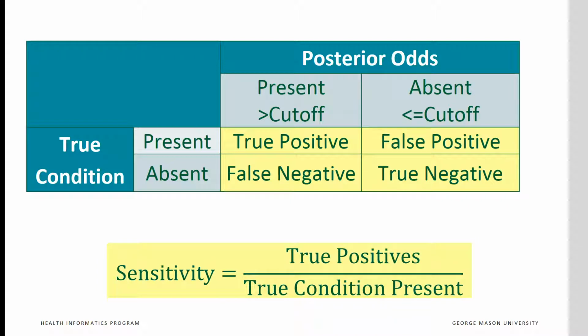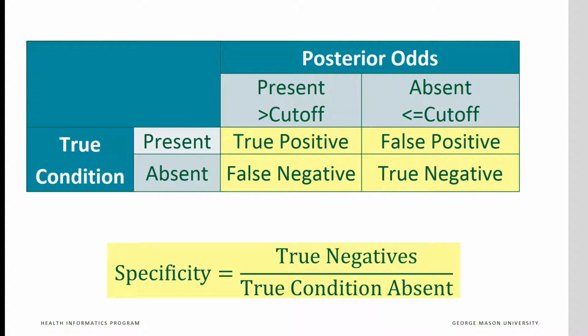A sensitive index has a high probability of detecting the condition. It is calculated as the proportion of true positive conditions that are correctly detected by the predictive model. The higher the sensitivity, the more accurate we are in predicting the presence of the condition.